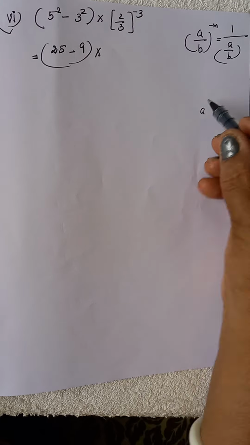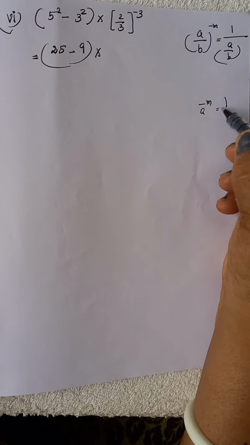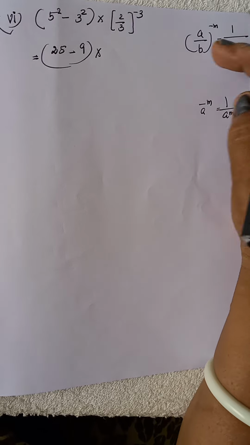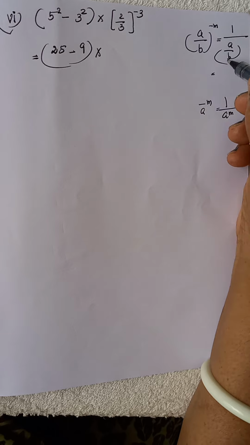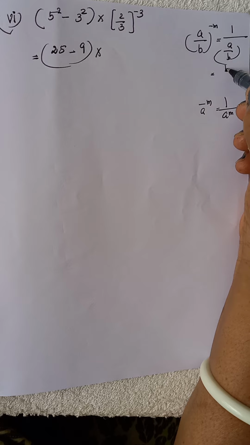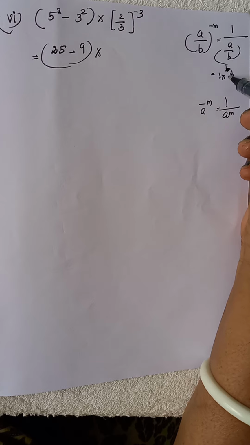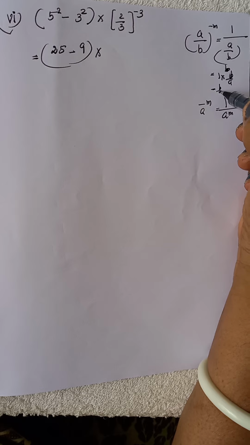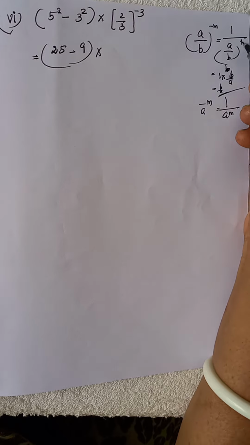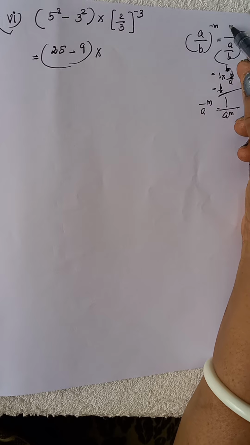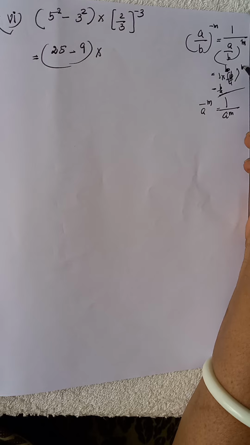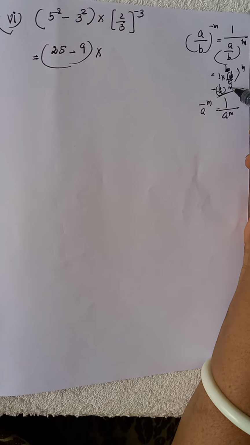That is, a raised to minus m is equal to 1 by a raised to m. Like that. Instead of this a, here a by b. So what is this? 1 by (a by b), division is the inverse of multiplication. So 1 into b by a, that means b by a. So (b by a) whole raised to m we will get. Because 1 by, so raised to m. Like that. Whole raised to m.